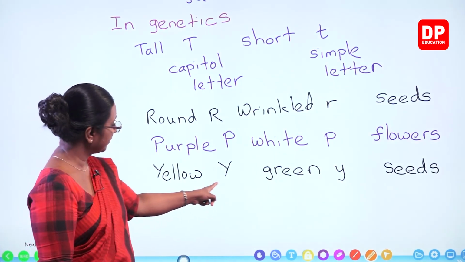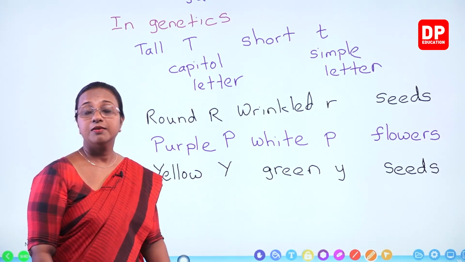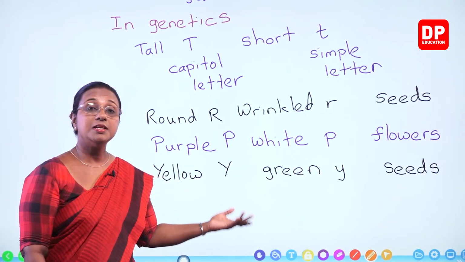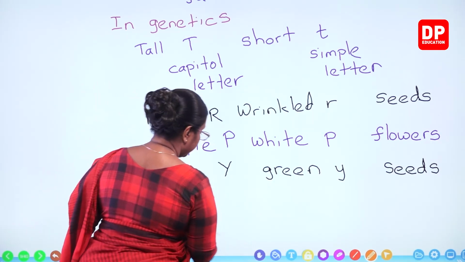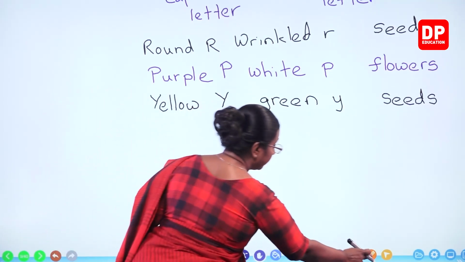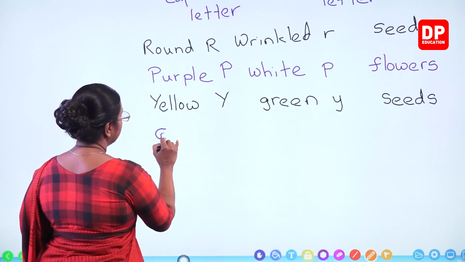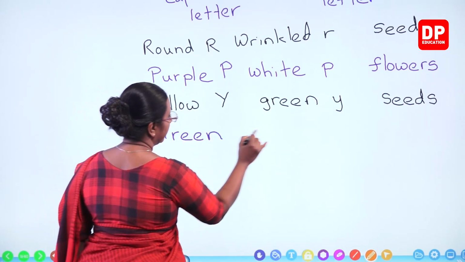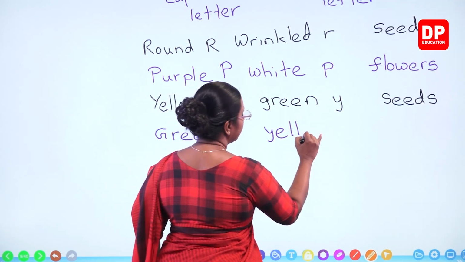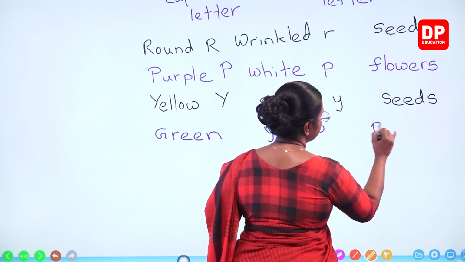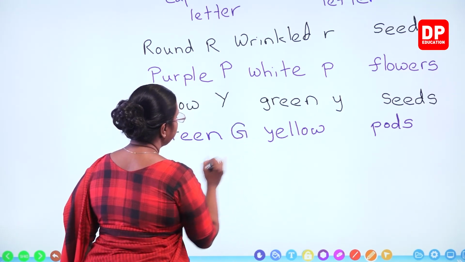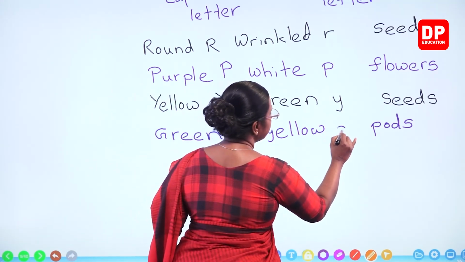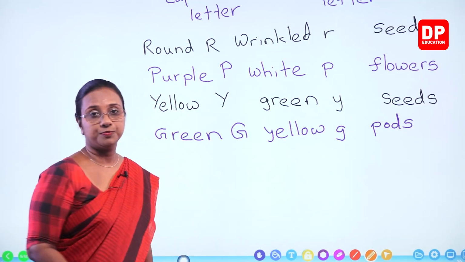Yellow is the dominant color, so we use capital Y. If it is pods, green is dominant. So if we write that also, green and yellow pods.